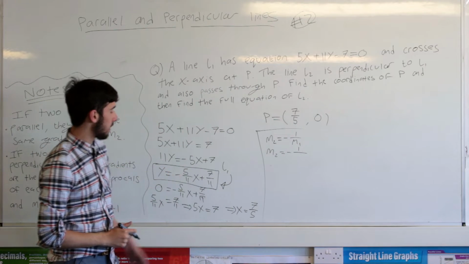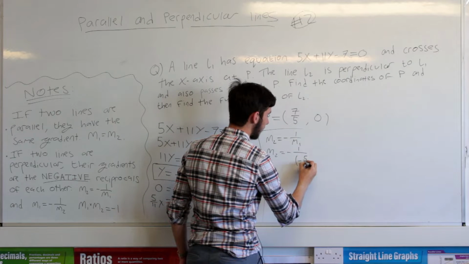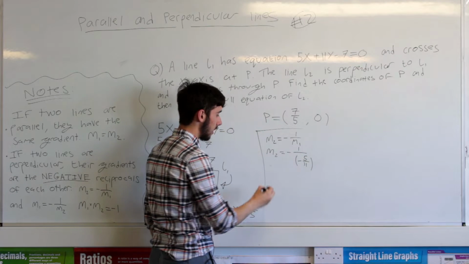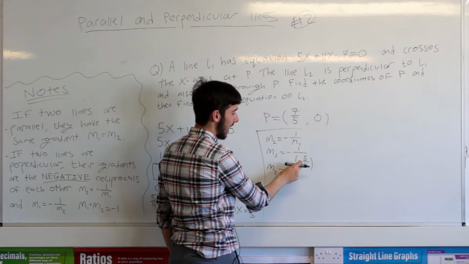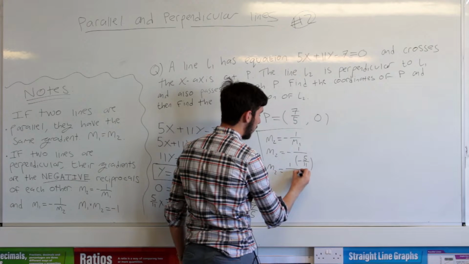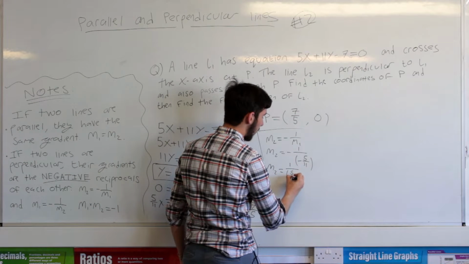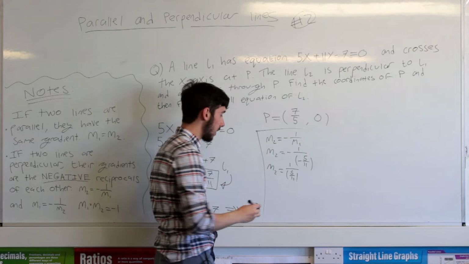M1 is minus 5/11. So we just go like this. And then we get M2 is equal to, well, that's a negative and that's a negative. Those cancel out. So we get 1 over 5 over 11, because the negatives cancel out.